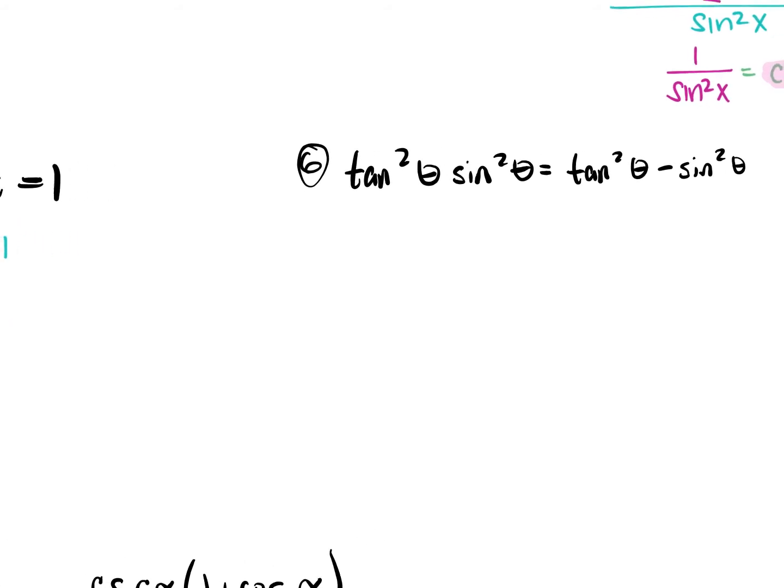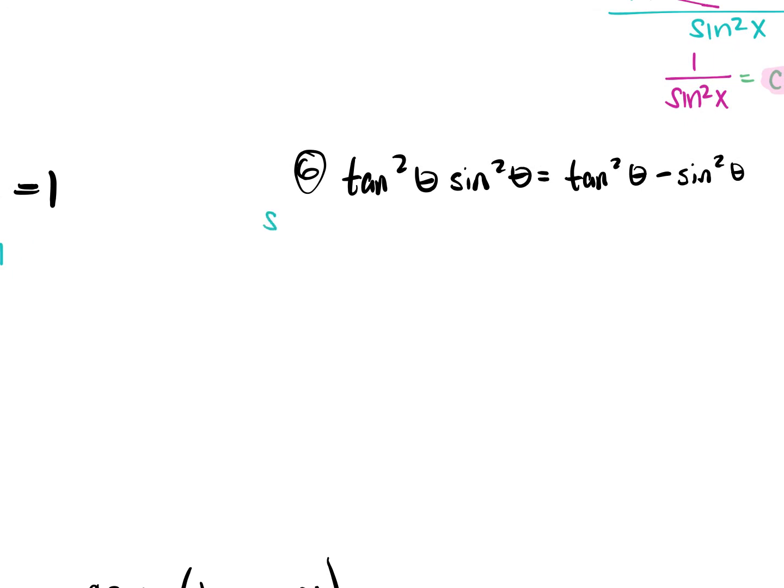This is going to give me sine squared theta over cosine squared theta times sine squared theta over 1 is equal to sine squared theta over cosine squared theta minus sine squared theta over 1.